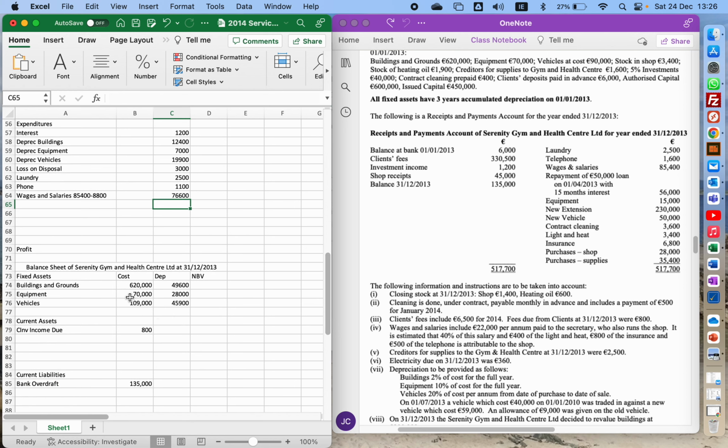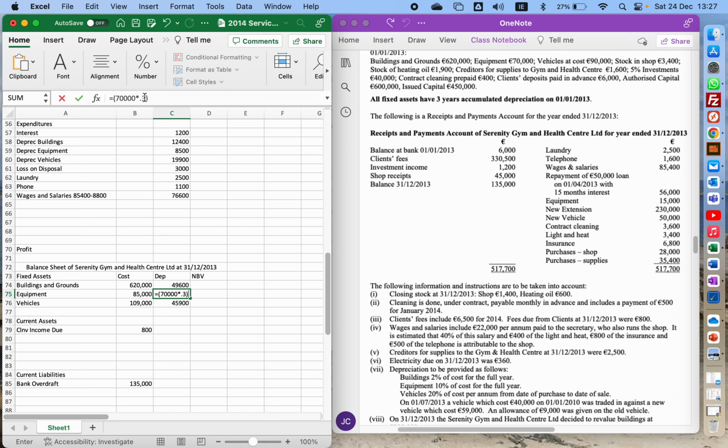So equipment is 70,000, and just quickly check out of cost for a full year. Okay, so that means I'm going to go and cross up the 70,000 and add in 15 grand. So that makes it 85,000. And my depreciation expense for this year will be now. So my accumulated depreciation is going to be 70,000 times 30%.